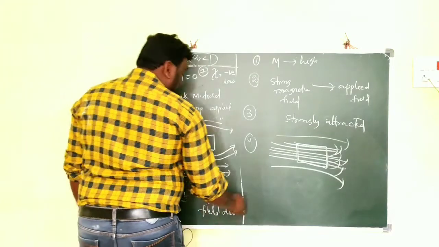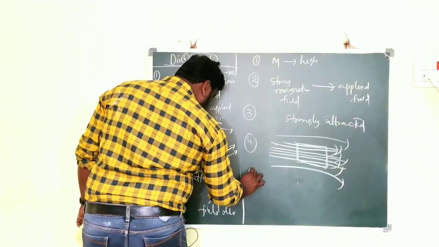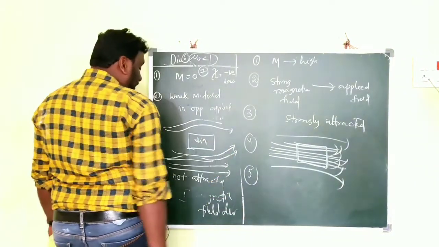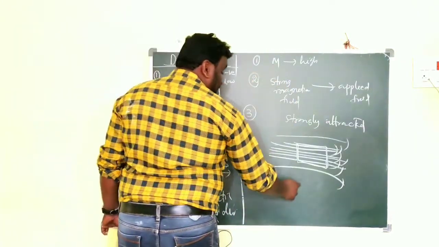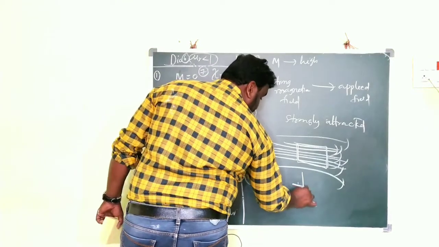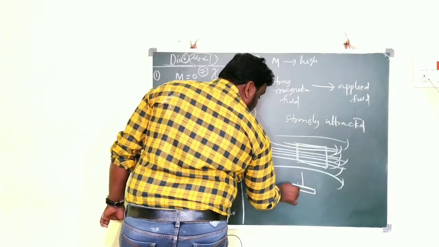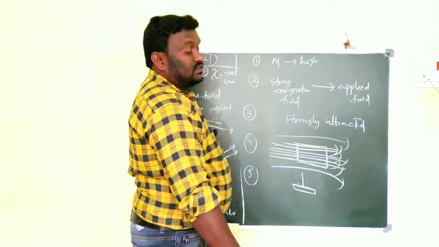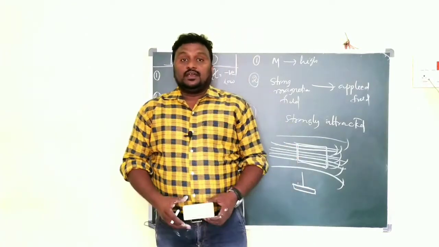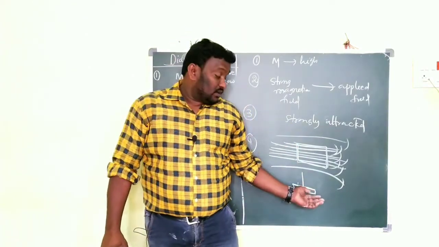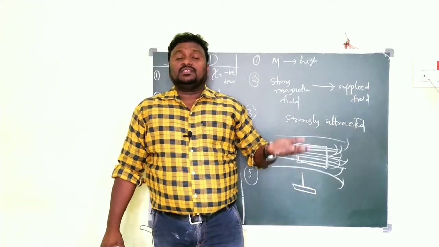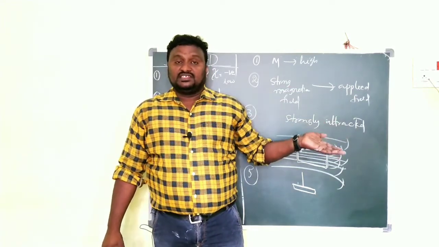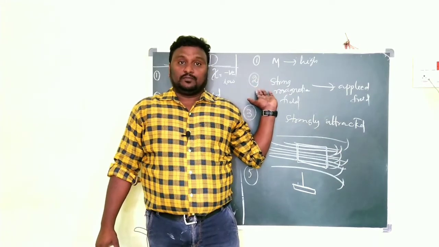Clear? And children, now in this case, a ferromagnetic material can be taken in the form of a rod. If you take a ferromagnetic material in the form of a rod, even if it is suspended, it should come in the direction of the magnetic field, quite similar to the paramagnetic rod.